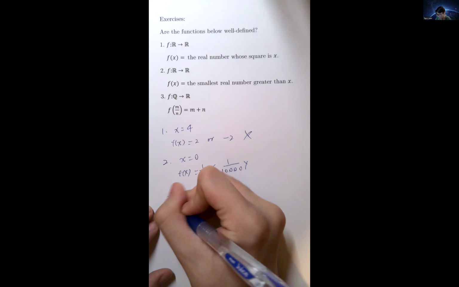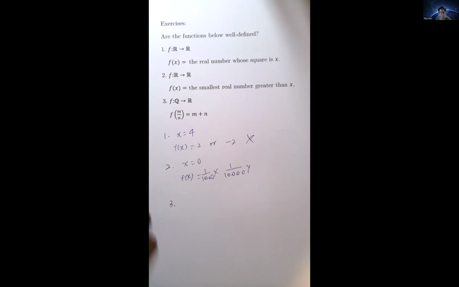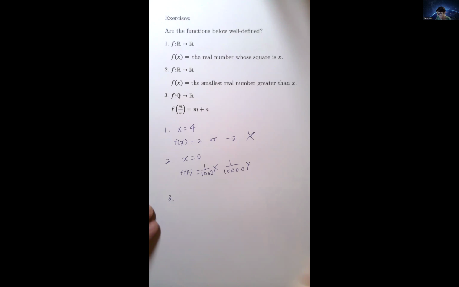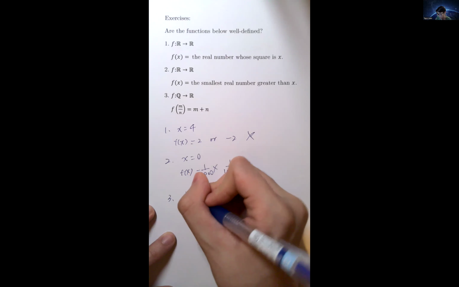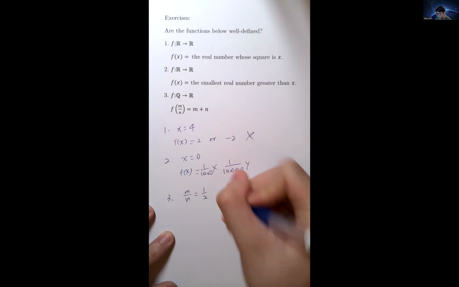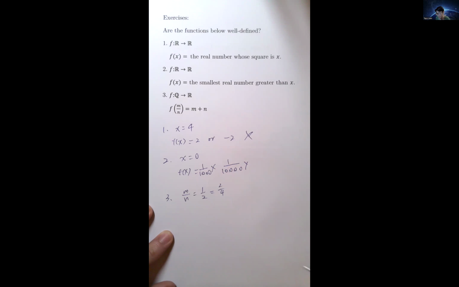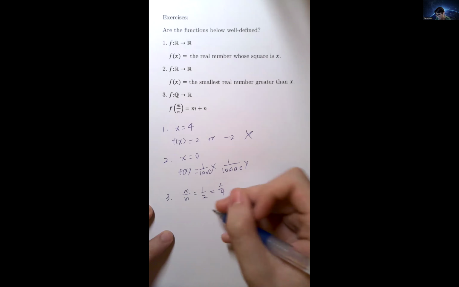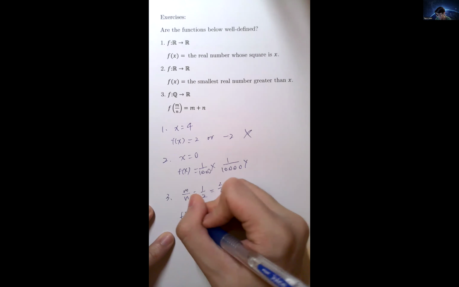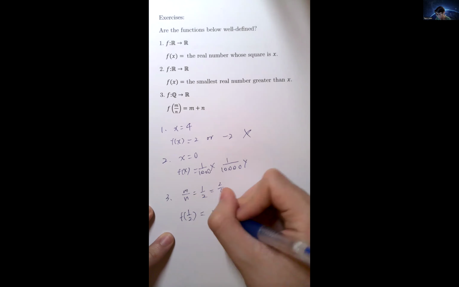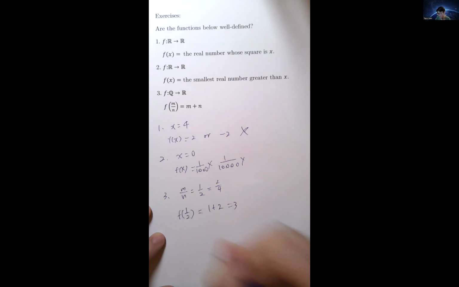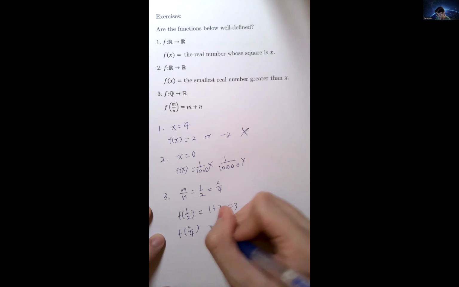Okay, so in the third one, we can just give a counterexample again. If we have m over n equals 1 over 2, this is equal to 2 over 4, right? So if we plug in f(1/2), that equals 1 plus 2 equals 3, and then f(2/4), you get 6, right?